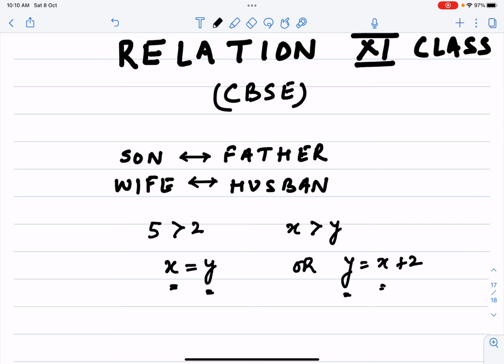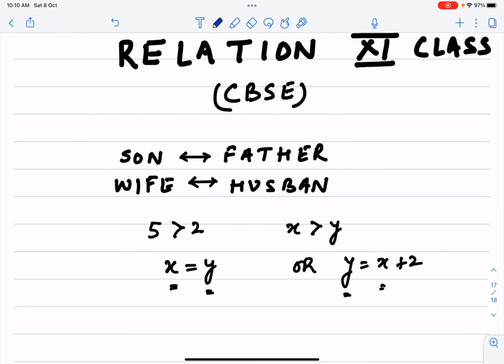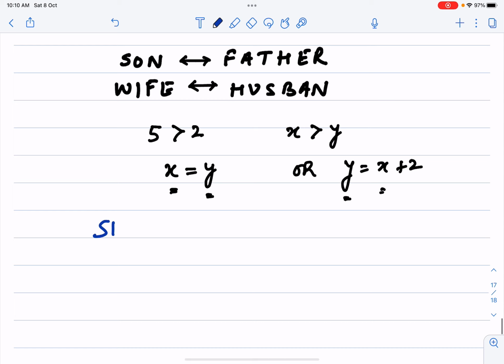So going further into the details of this, what we should know is what sets are. Now, a set is a well-defined collection of objects or elements. We know this from the chapter Sets.